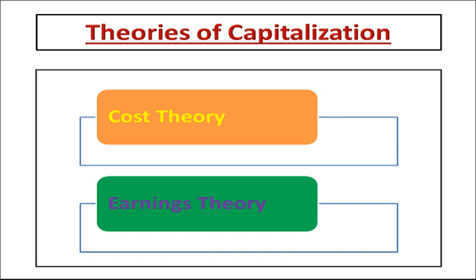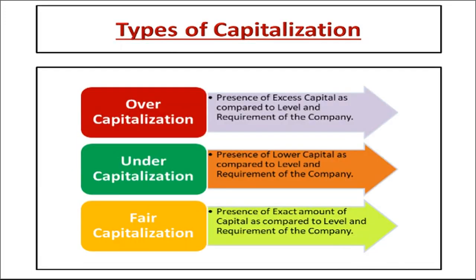Friends, moving further, let us move towards the types of capitalization. There are basically three types of capitalization: over capitalization, under capitalization and fair capitalization. Number one, over capitalization. Over capitalization happens when there is a presence of excess capital as compared to the level and requirement of the company. Number two, under capitalization.